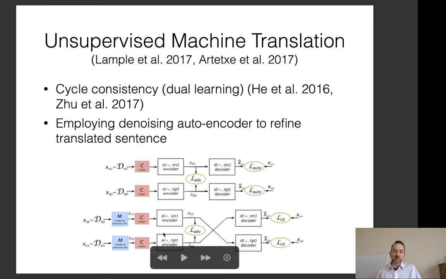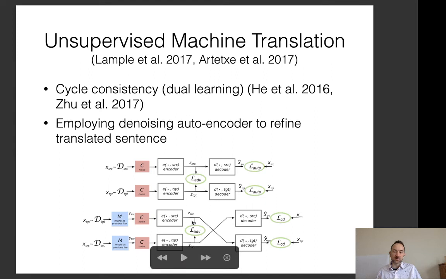And so this will encourage the model to generate outputs that are similar to the original target, but at the same time we would like the source sentence to be in the same style as the target sentence.